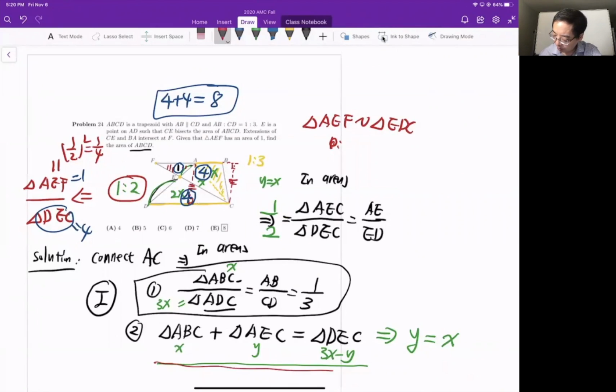And then combine with the fact that CE bisects ABCD, we get that AC separates ABCD into areas X, X, and 2X. This allows us to find the ratio between AE and ED. And then we just use similar triangles to find the ratio between areas.